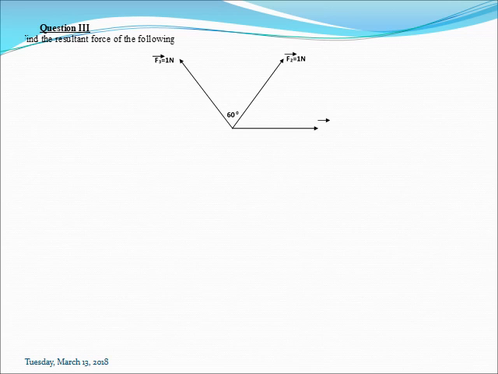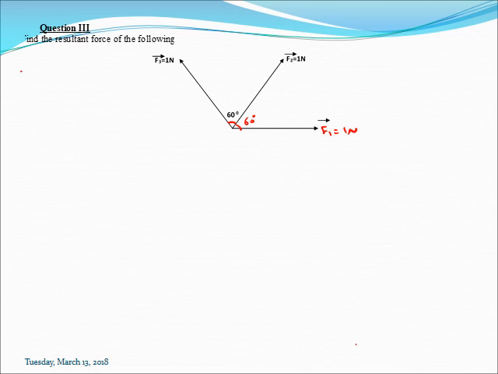Find the resultant force of the following figure. F1 equal 1 Newton, F2 1 Newton, F3 1 Newton. The angle between F1 and F2 is 60 degree, and between F2 and F3 is 60 degree.